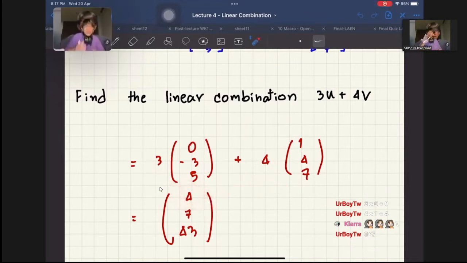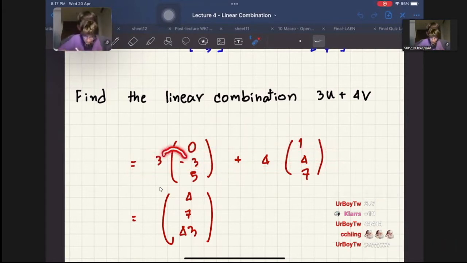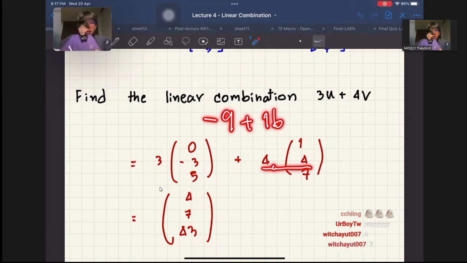The second row, how to do? Very easy. You look at the second row. 3 times -3, you will get -9, and plus 4 times 4, you will get 16. When you add them together, you will get 7.